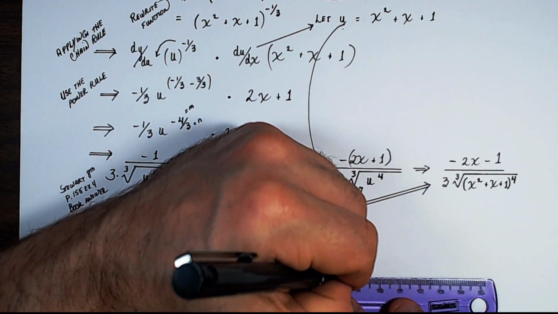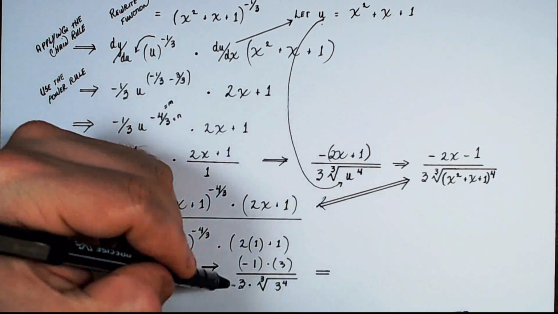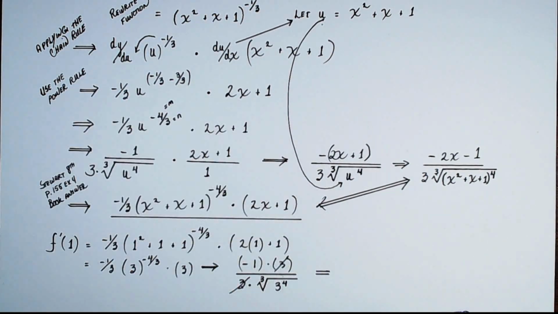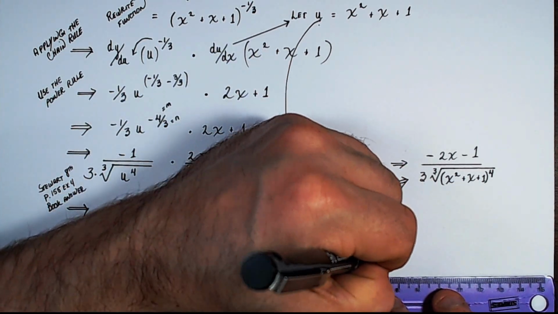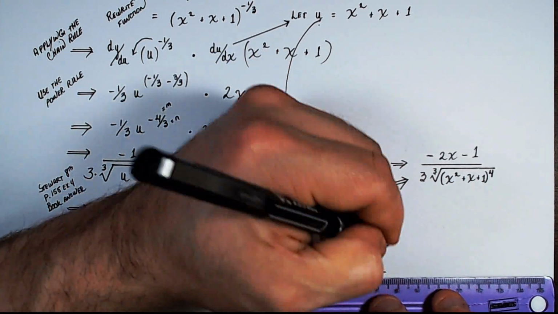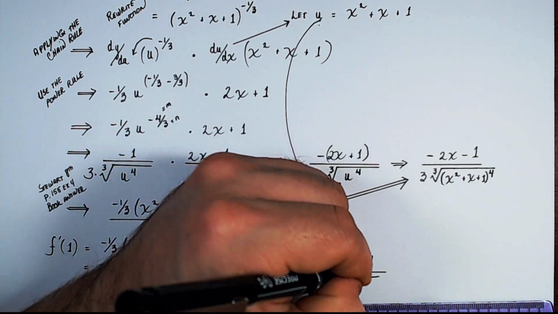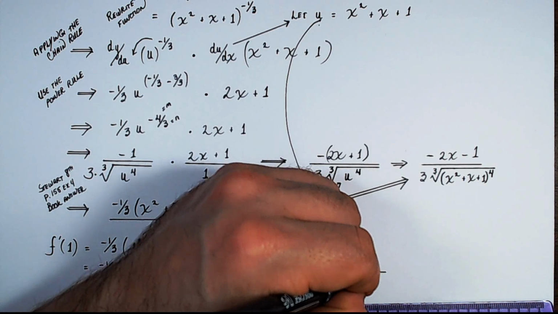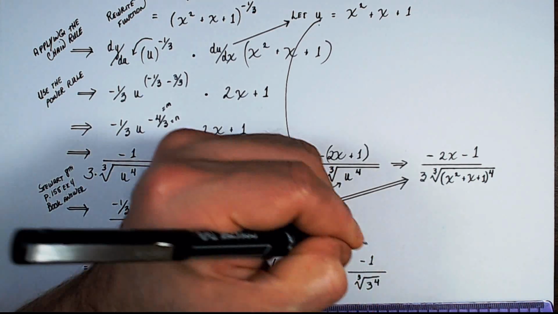And what does that equal? Well, these 3's cancel out. That makes my life a little bit easier. So this becomes negative 1 over the cubed root of 3 raised to the power of 4.